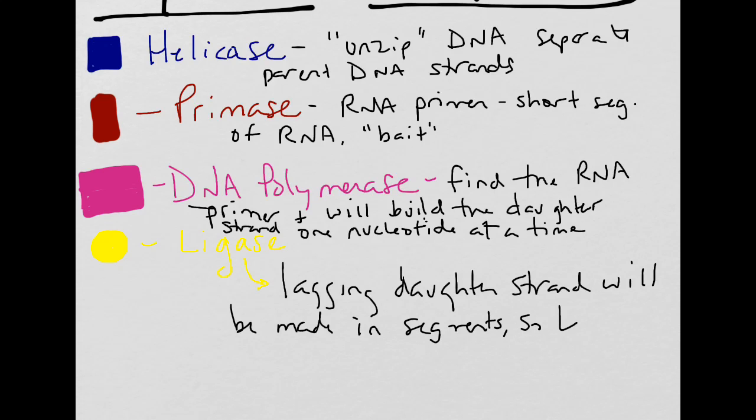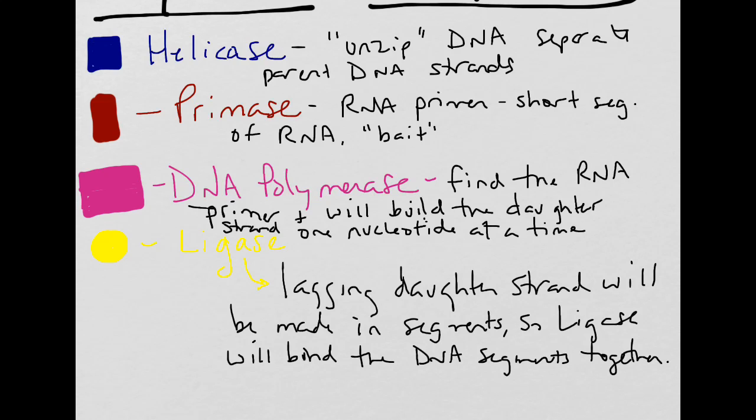So ligase will bind the DNA segments together. The lagging daughter strand will be made in segments, so the ligase will bind the DNA segments together. To ligate something means to tie it off or tie it together, so we're going to ligate those together.